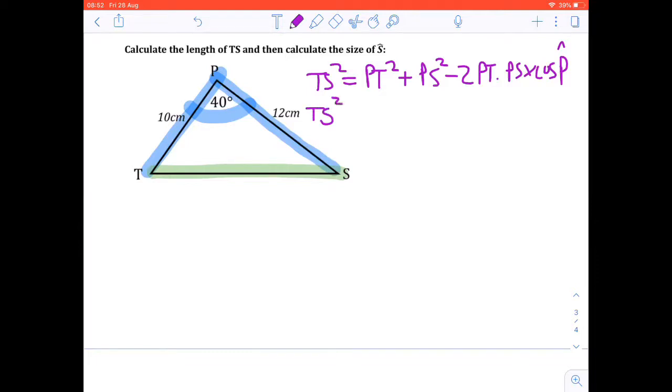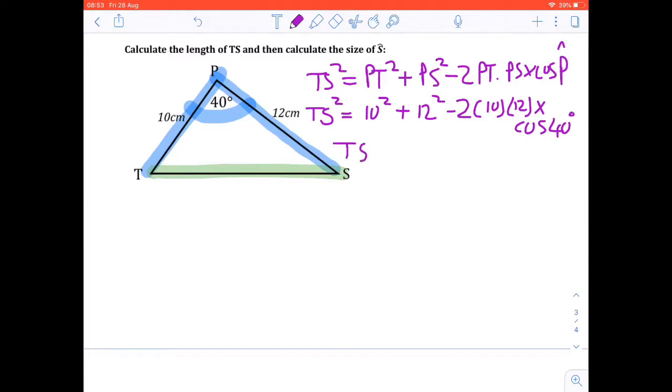TS we don't know. PT is 10 squared plus PS 12 squared minus 2 times both of those values times cos 40.